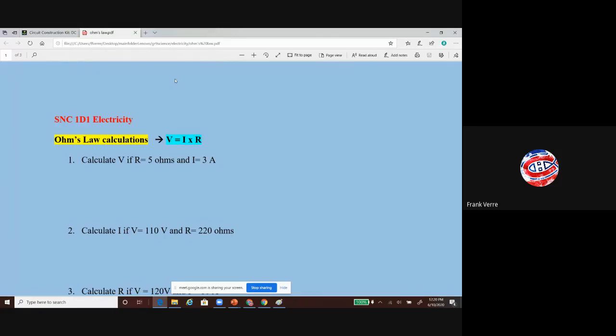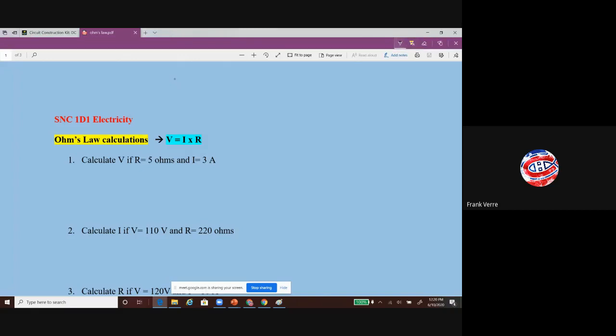And there is a way to mathematically solve this using Ohm's law, the relationship between the three things. V equals I times R, or I is V over R, or R is V over I. Okay, so let's do a few more questions just to drive home how to do these.